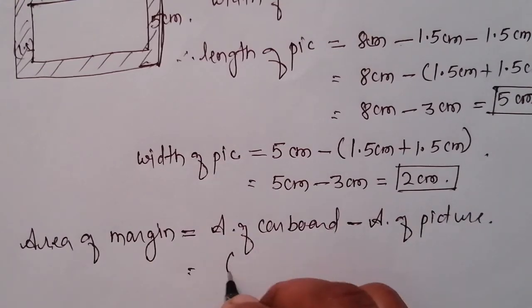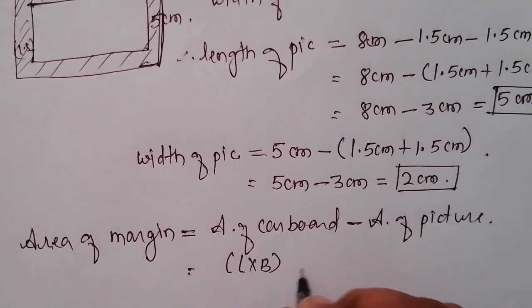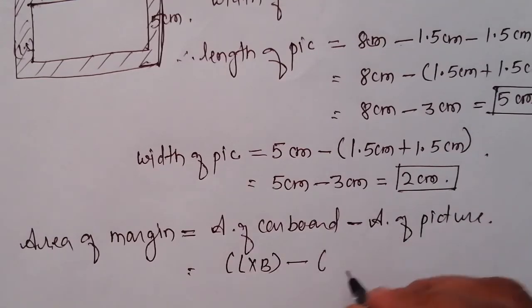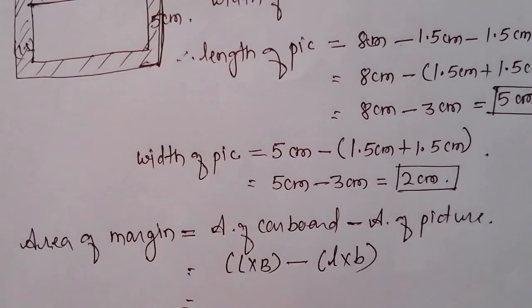Area of the cardboard is L multiply by B, area of the picture is L multiply by B. Area of the cardboard 8 multiply by 5 minus area of the picture is equal to 5 multiply by 2, right?